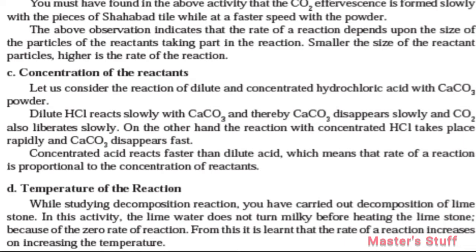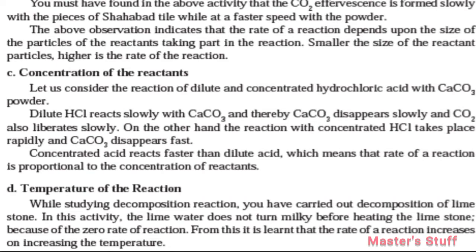Dilute hydrochloric acid reacts slowly with CaCO3 and thereby CaCO3 disappears slowly and CO2 also liberates slowly. On the other hand, the reaction with concentrated hydrochloric acid takes place rapidly and CaCO3 disappears fast.